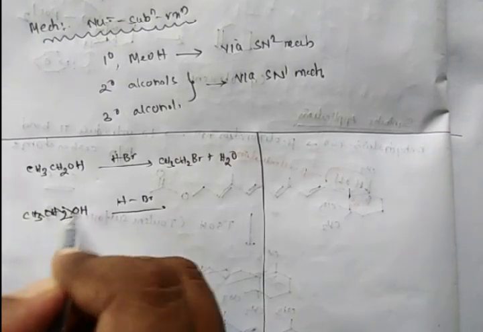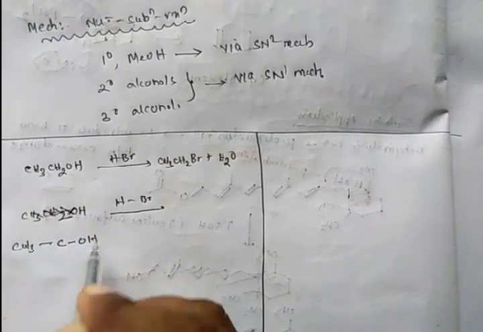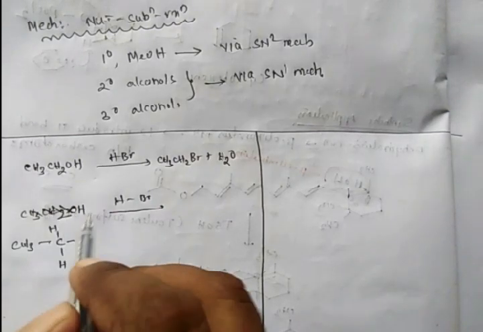So I will rewrite the structure for understanding. CH3CH2OH.